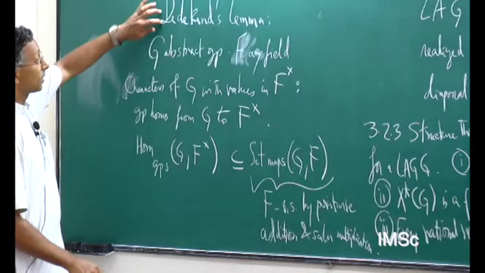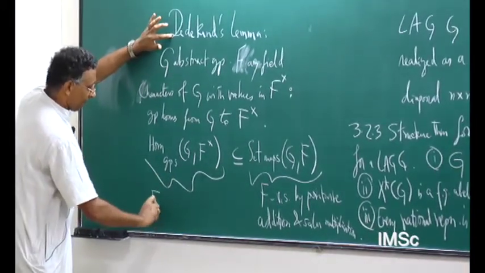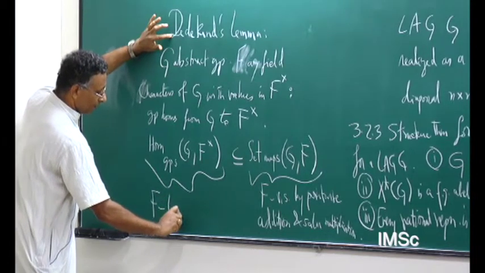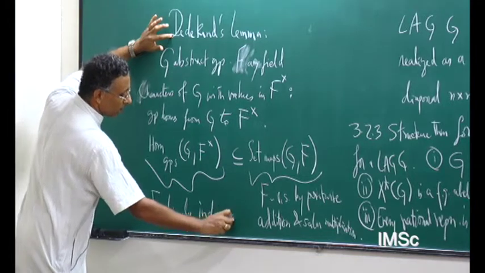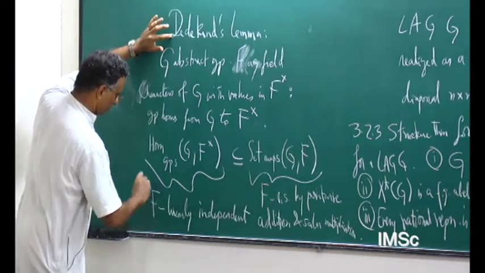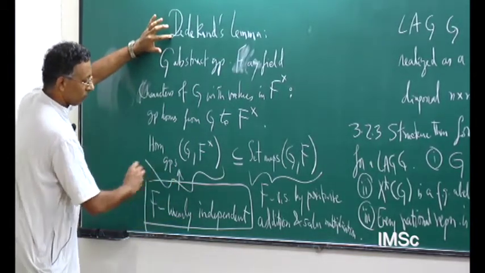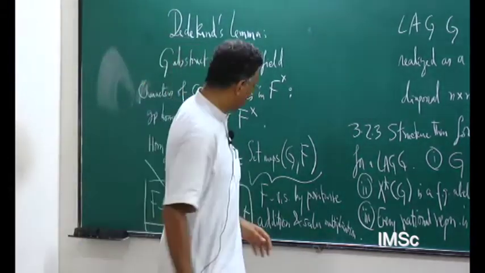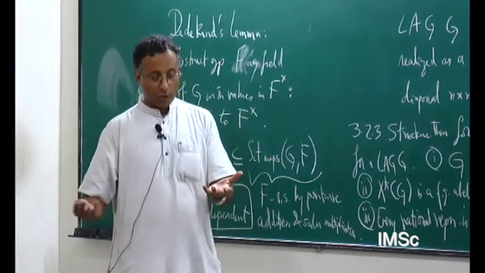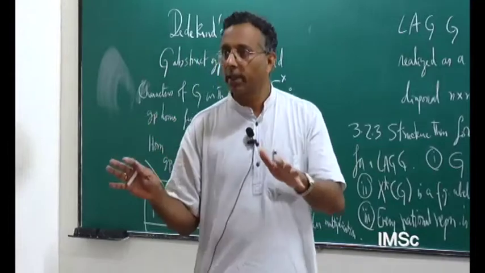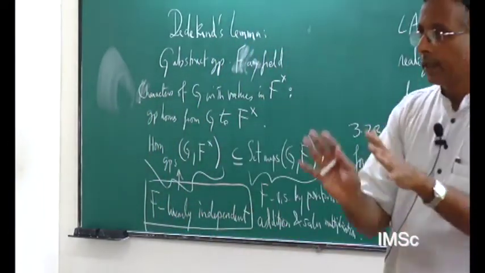And the statement, Dedekind's lemma, says this is F linearly independent. So as a subset of this vector space, finite, infinite, doesn't matter what it is, linearly independent.